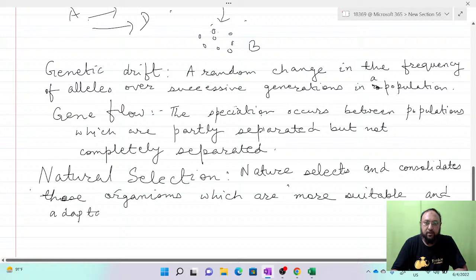That means it selects the organisms that are fit for surviving.